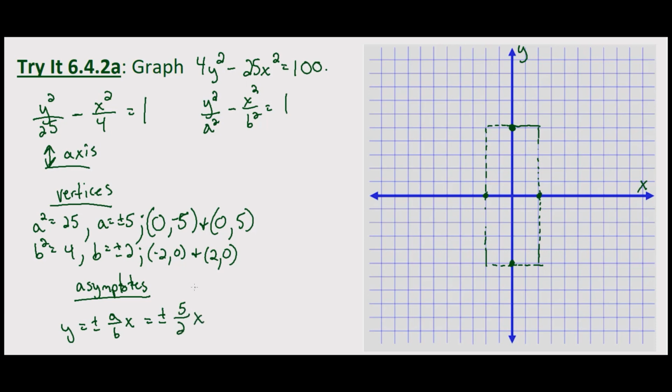Is our rise over run 5 over 2 to get to the corners of our box? Up 5 and over 2, or down 5 and left 2. So yes, that checks out. So we can go ahead and draw in our asymptotes through the corners of the box.